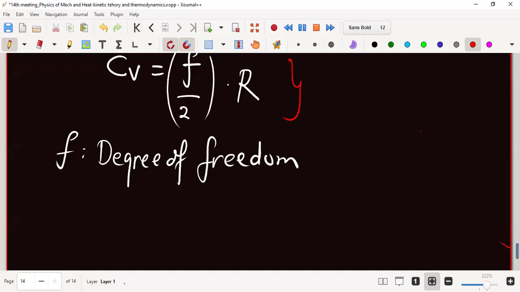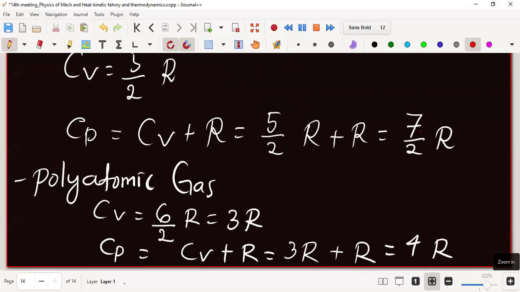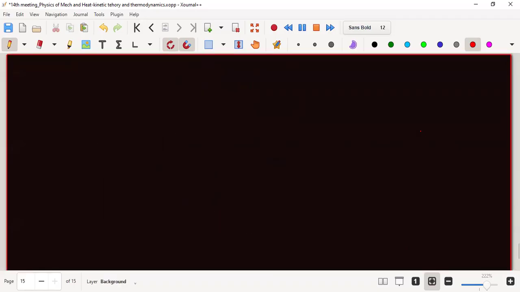Okay, then we continue to the adiabatic process, the adiabatic expansion of an ideal gas. So we continue to the next section. This one is the adiabatic expansion.